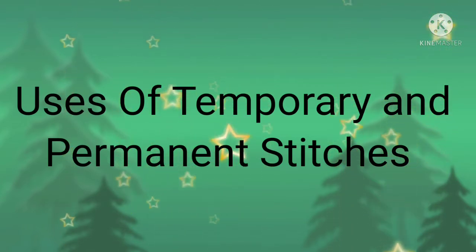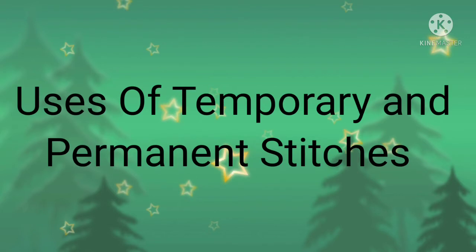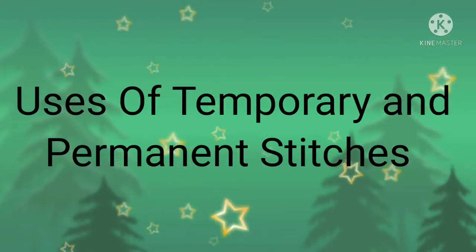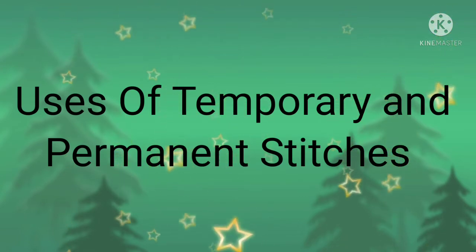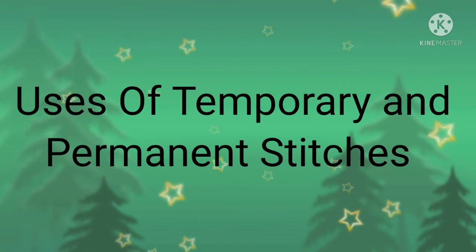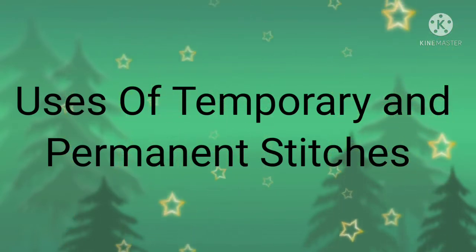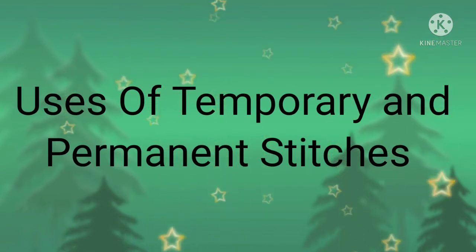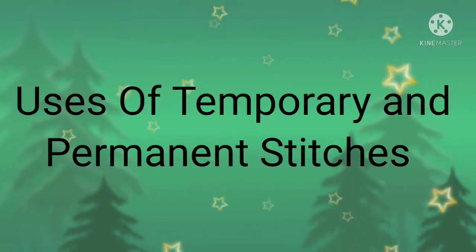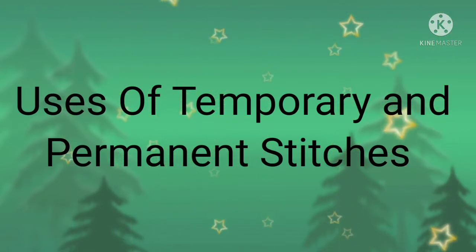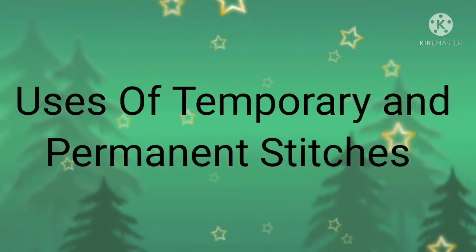Then the permanent stitches are left on the articles after work is completed. So the permanent stitches are the major stitches used in clothing construction.